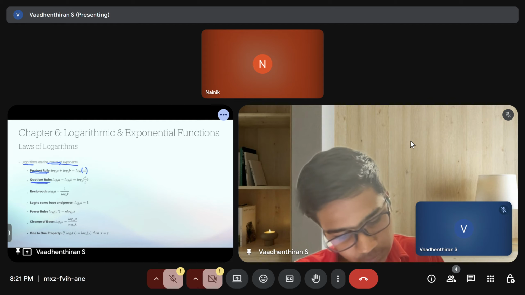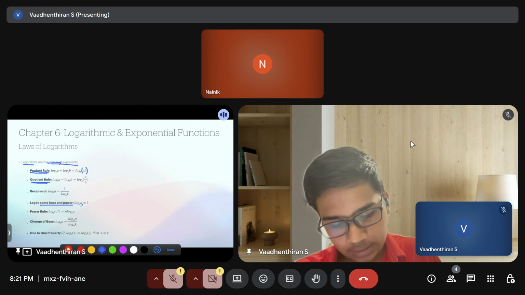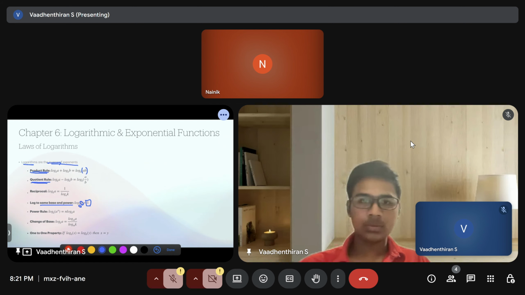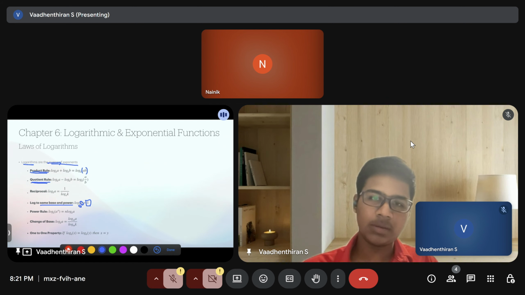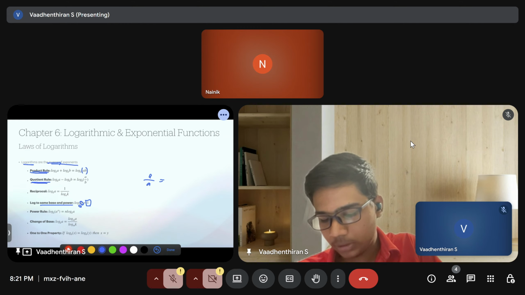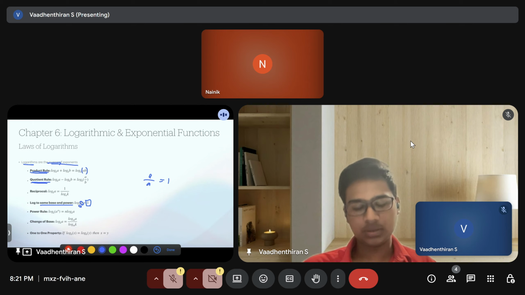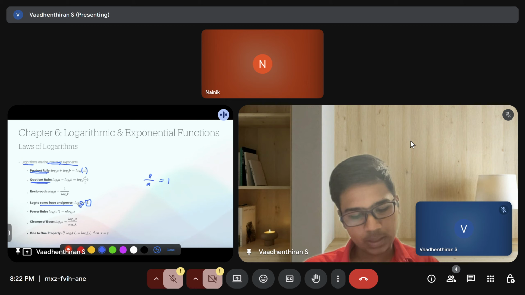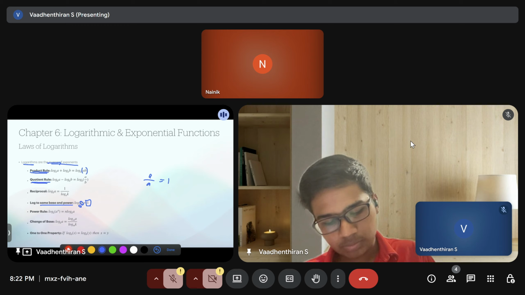And then we have log to the same base and power. So log_a a, same base and same power, you will get 1. Because dividing it by the same thing, you can do it only once. Like a divided by a is 1. That's what this means. And then the power rule. So log_k a to the n, you can bring the n down and multiply by n itself.